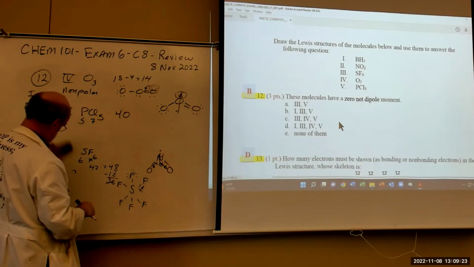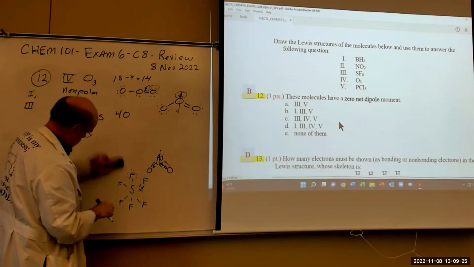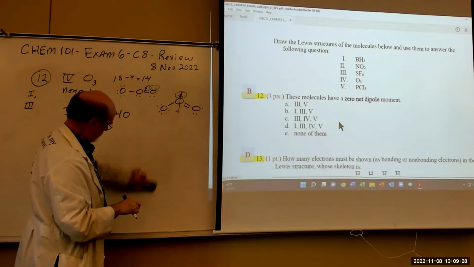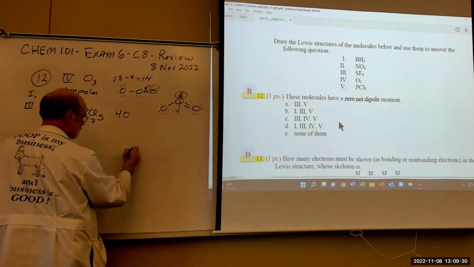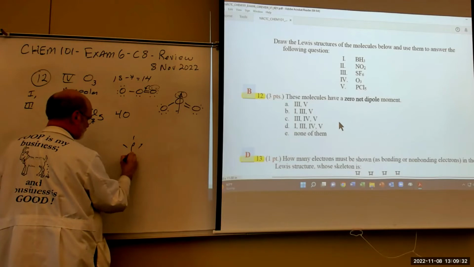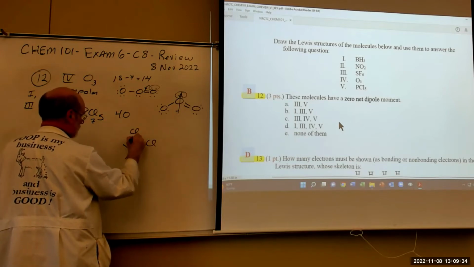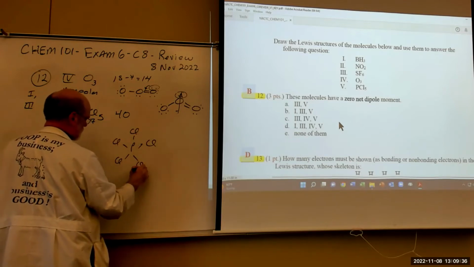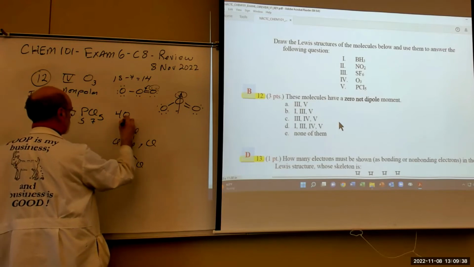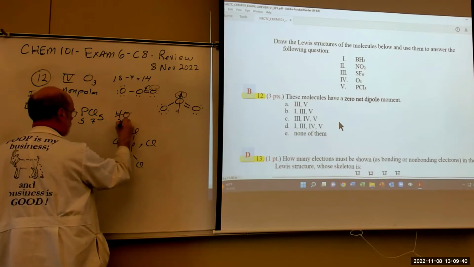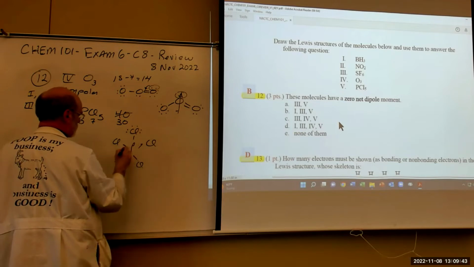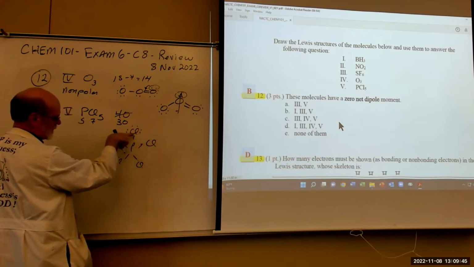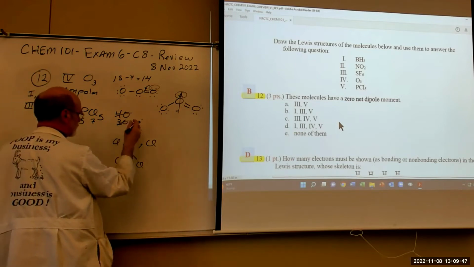So phosphorus and chlorines all around. 2, 4, 6, 8, 10. So now we've got 30 left. Right? 6 around each one. 6 times 5 is 30. Use them all up.